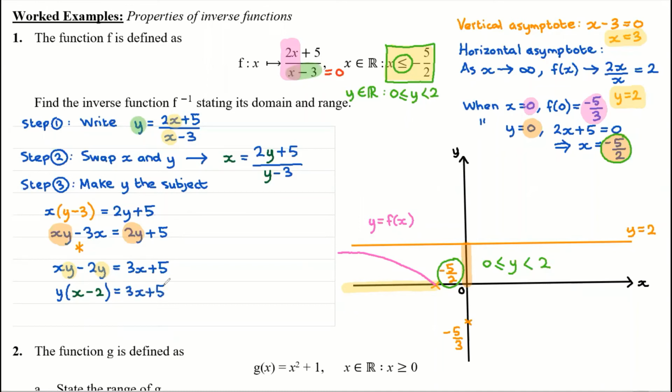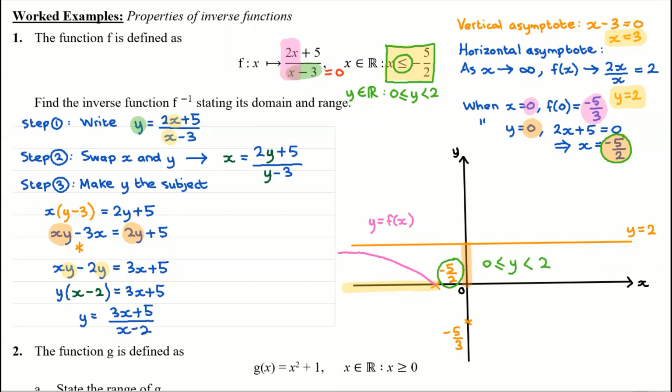And we're almost there. So this means that y is going to equal 3x plus 5 all over x subtract 2. And that is our inverse function. So we just need to write everything formally and we're done.